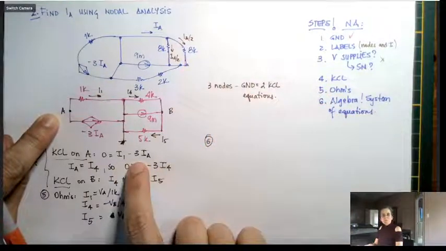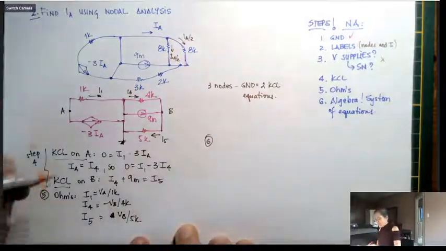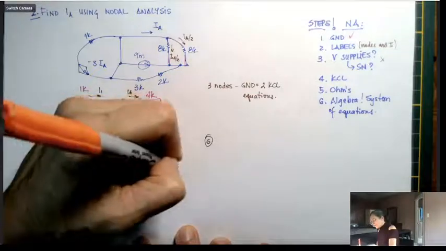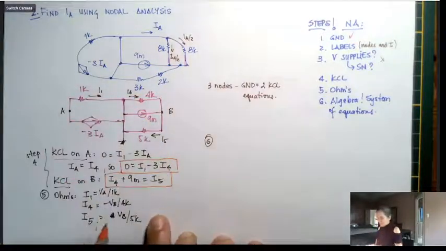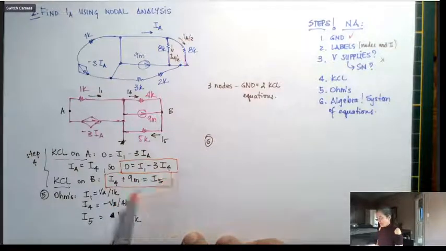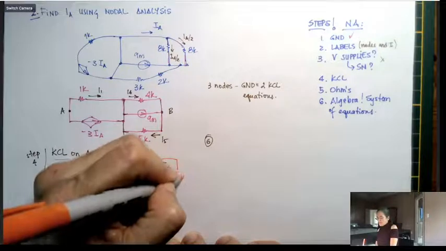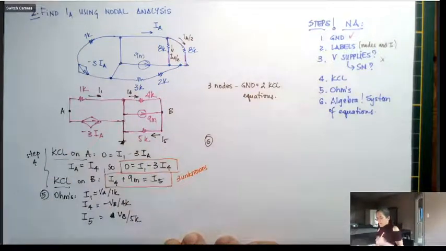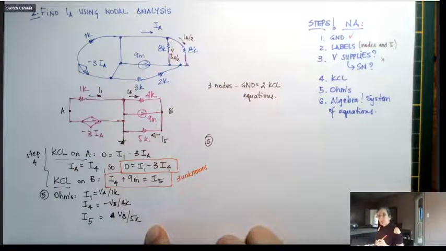But first, these two equations had 3 variables, I1, I4, and I5, and you couldn't really solve this. There are 3 unknowns. Now we're going to rewrite them with Ohm's law, and we're going to have only 2 unknowns.